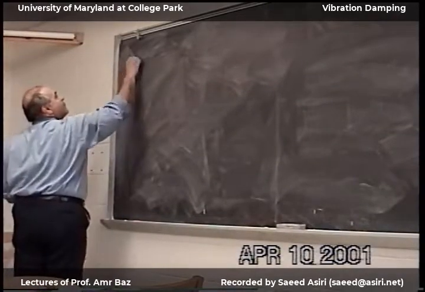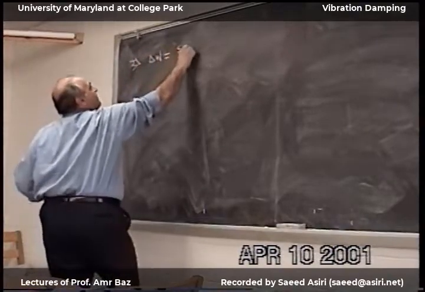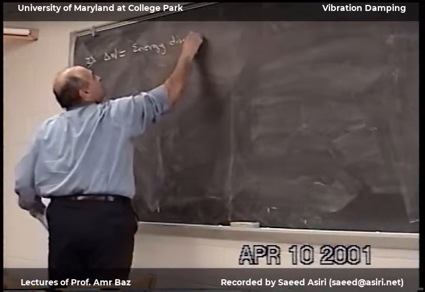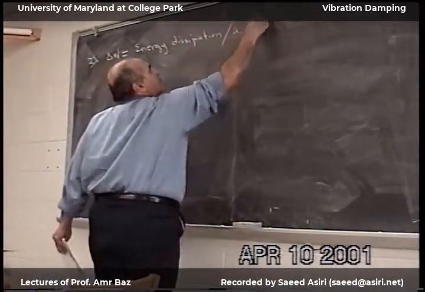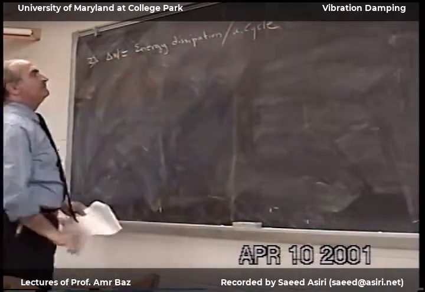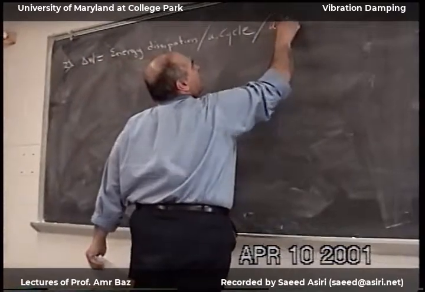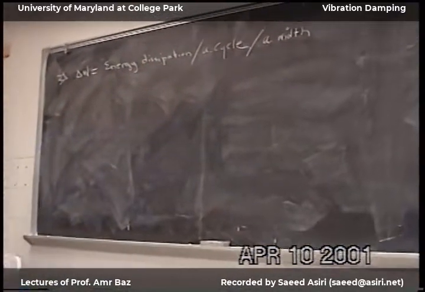Then now the energy dissipation per unit cycle per unit width, because the length I put in the integration.